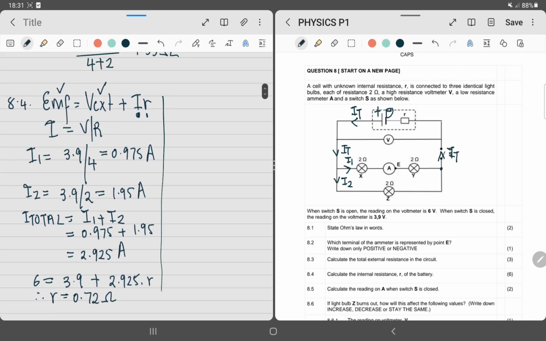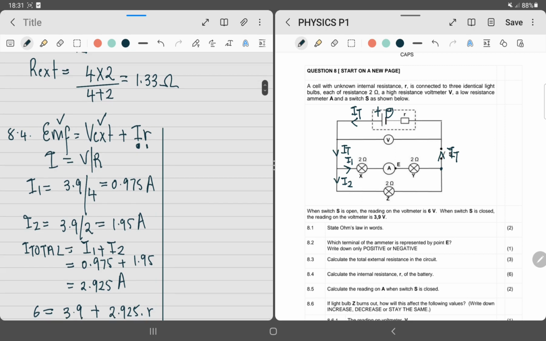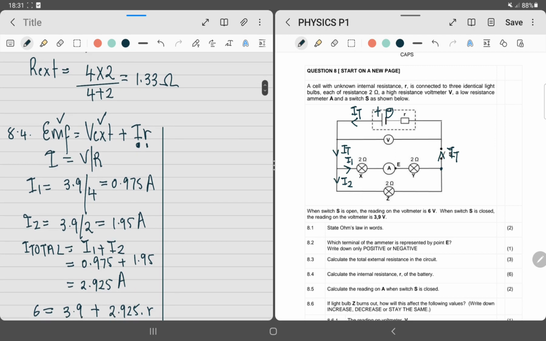We can even try another method to see if we get the same answer. In 8.3, we calculated R external, and we also have V external of the circuit, so we can find the total current. We will say I total, this is option 2, should be equal to V external all over R external.